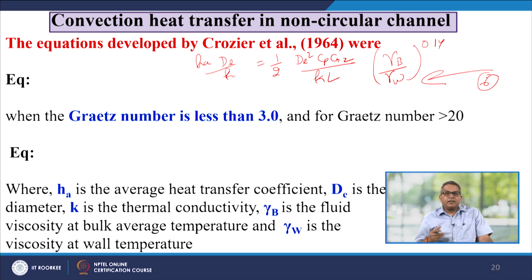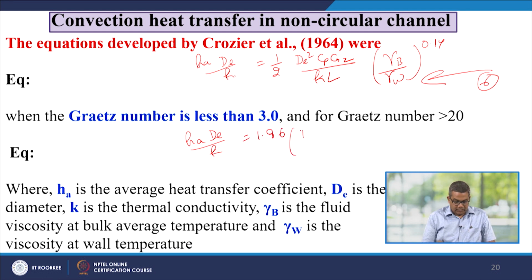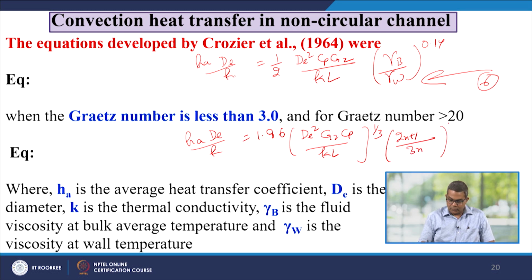And when the Graetz number is less than 3, and for the Graetz number greater than 20, the equation becomes hD_e over k equals 1.86 times d square Zz Cp over kL, times 3 2n plus 1 3n to the power 1 by 3, times eta_B over eta_W to the power 0.14.